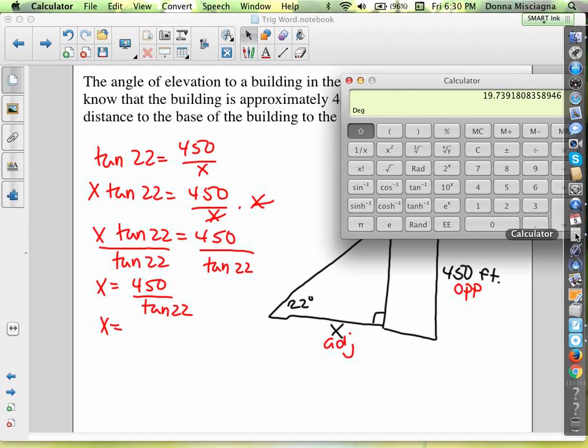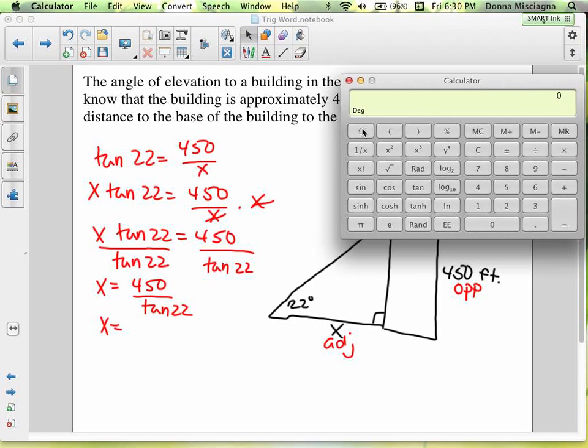So clear this and get rid of that. So 450 divided by parentheses 22 tangent, close the parentheses, equals. All right, so we are 1,113.79 feet away.